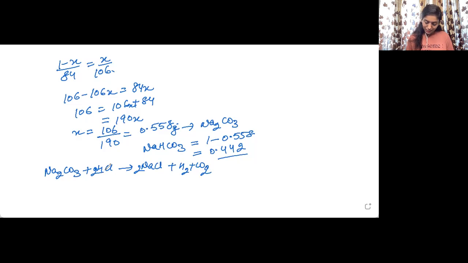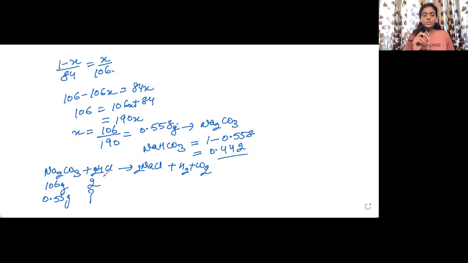Now I can write that this is 106 gram, and this is 2 mole. We have been given 0.558 gram, and we can find out how many moles of HCl will be required to react with this.